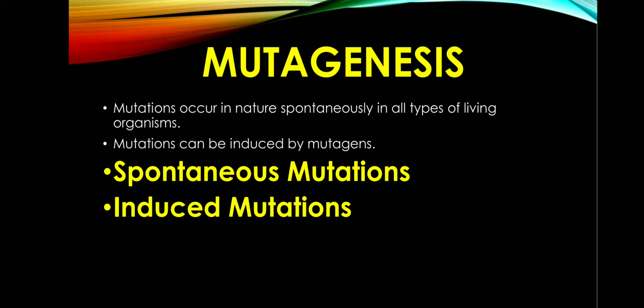Whereas induced mutations are usually induced by using certain mutagens, like physical mutagens and chemical mutagens. Physical mutagens include UV rays, gamma rays, and X-ray radiation. There are certain chemical mutagens as well, like ethane methane sulfonate, nitrosomethyl guanidine, nitrous acid, and acridine mustard.